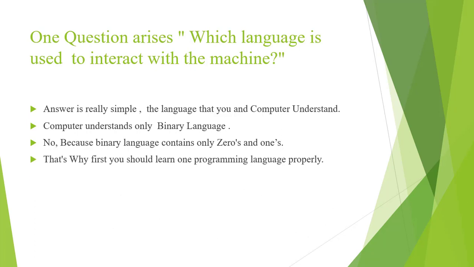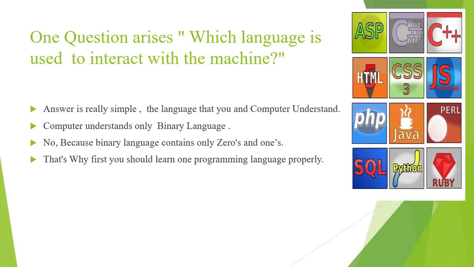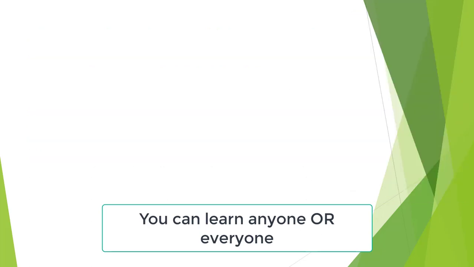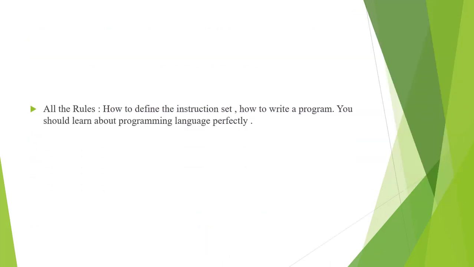That's why first you should learn one programming language. You can see many programming languages are available to learn. You can learn any of them. After learning programming, all the rules, like how to define an instruction set and how to write a program.